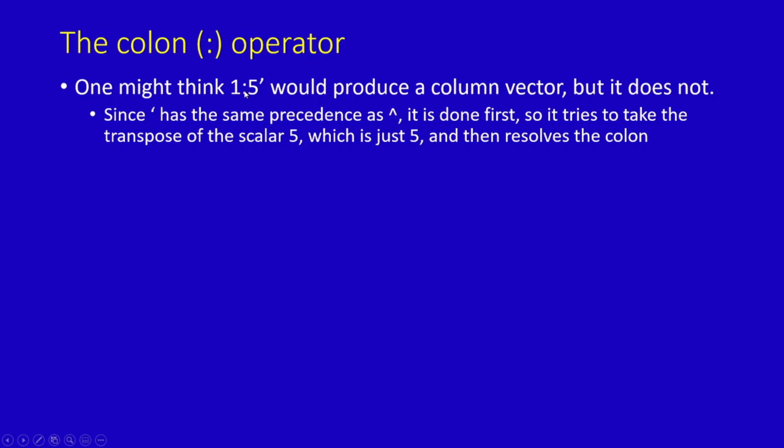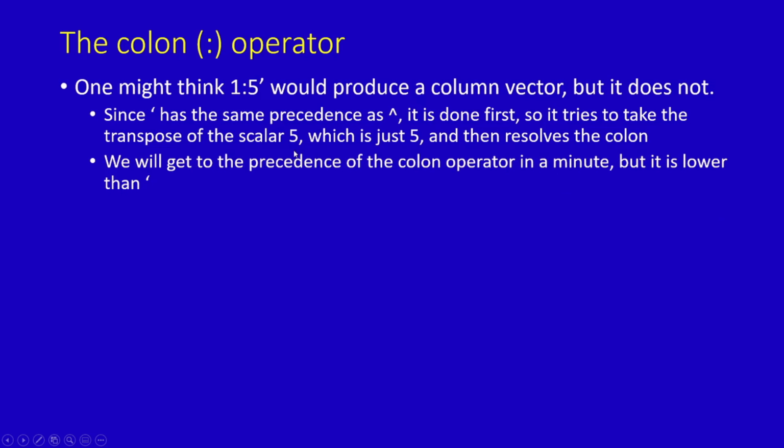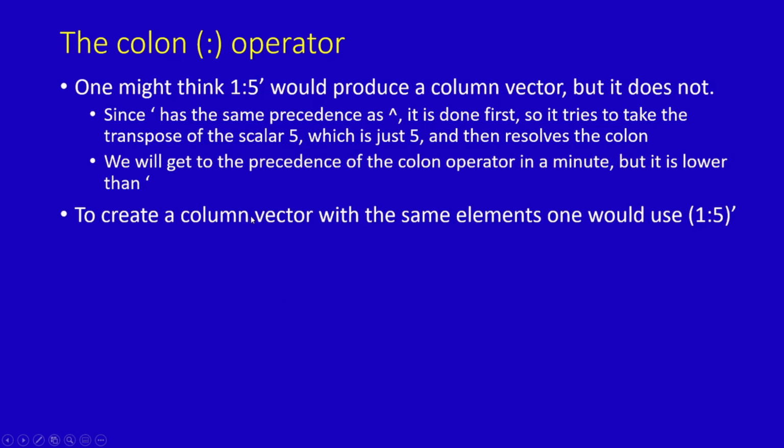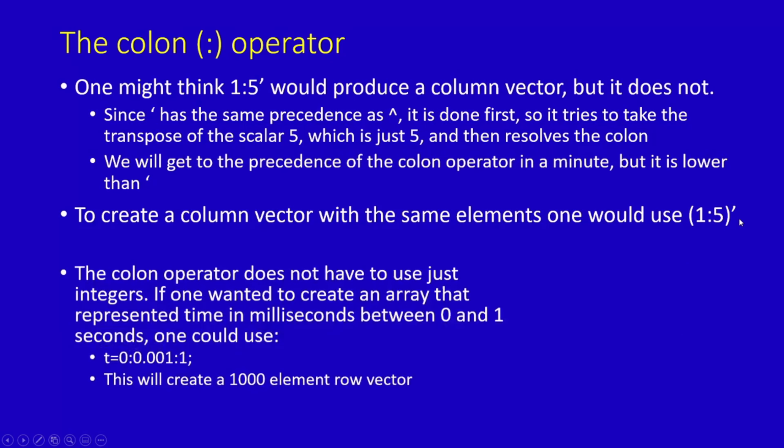So the colon operator is lower priority. Basically, the colon operator has a lower precedence than the conjugate transpose operator. So if you want to create a column vector, you need to use parentheses so that you get the right precedence.